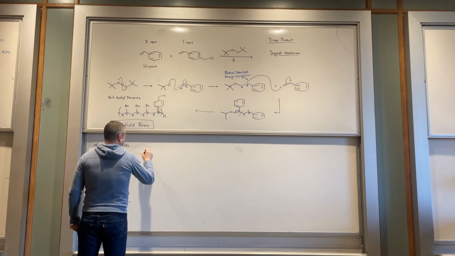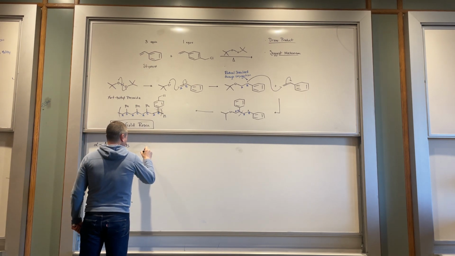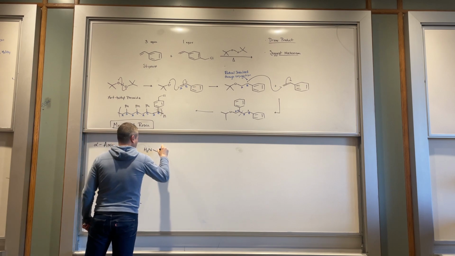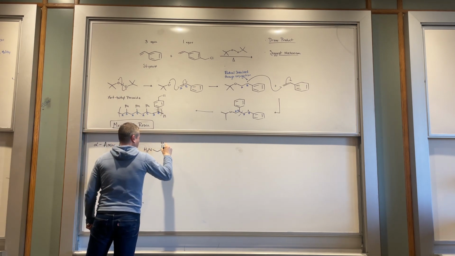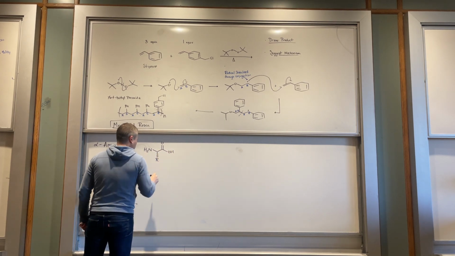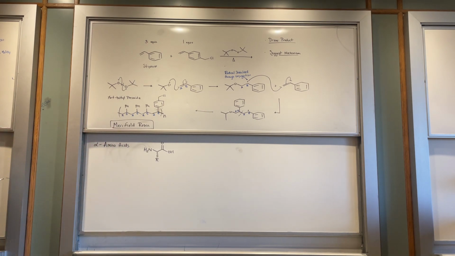All right, so a general structure of an alpha amino acid looks like this, right? And in humans, anyway, there are 20 naturally occurring amino acids, right? 19 of them have R groups other than hydrogen.